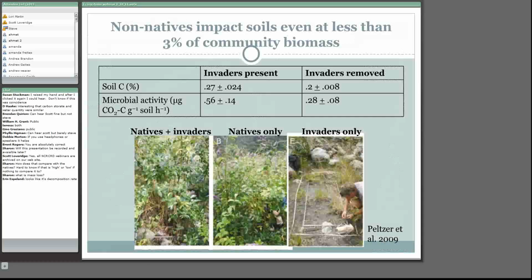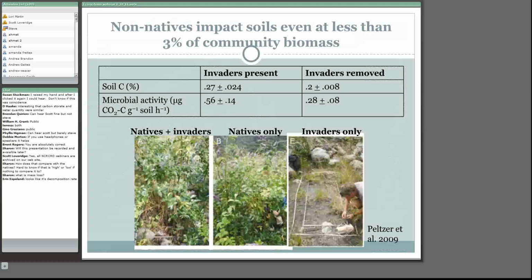If we look at, in this case, non-natives' impacts on soils, even at pretty small populations, we can see there's an effect, particularly on microbial activity. In this case, this study was looking at the impacts of invasive plants on soil carbon and microbial activity, and when there were invaders present, there was more activity in microbial populations than when the invaders were removed.